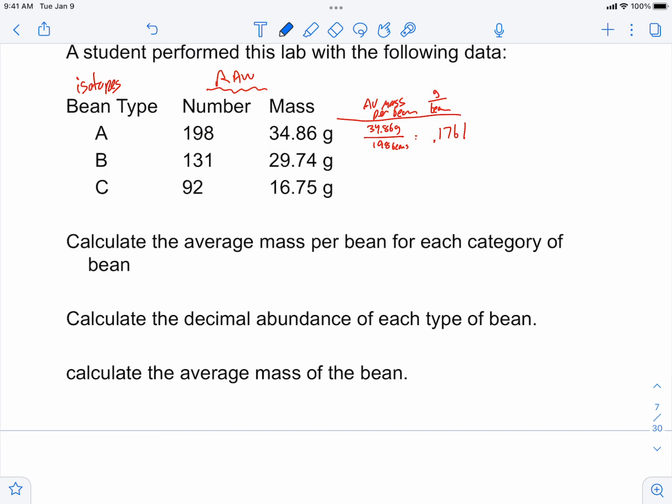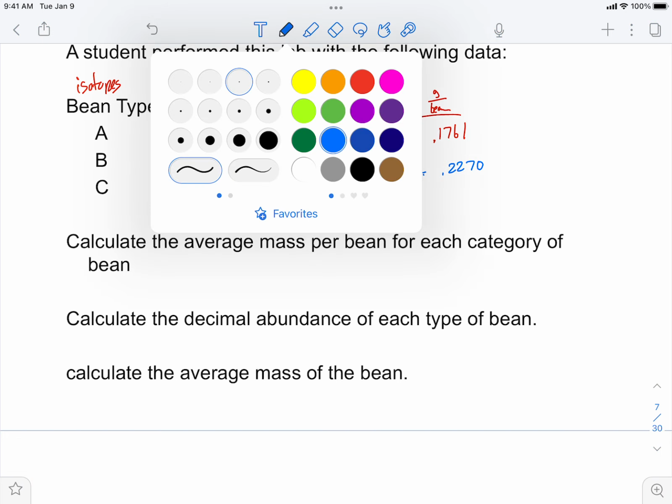Let's do that for the second one. 29.74 grams per 131 beans. 0.2270 grams per bean.